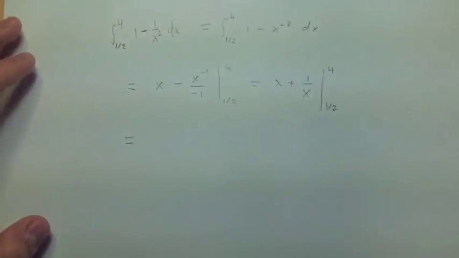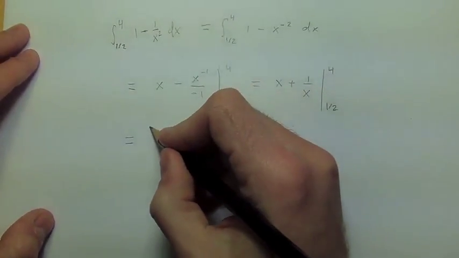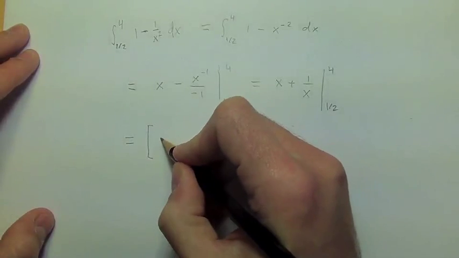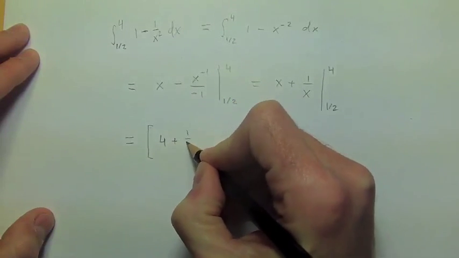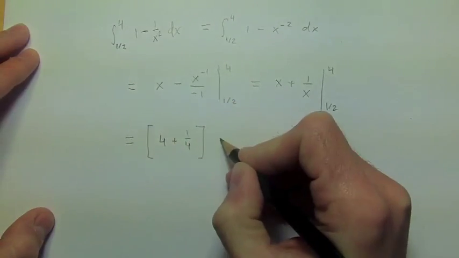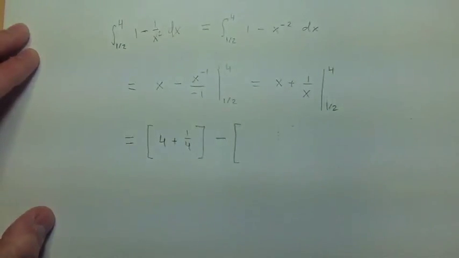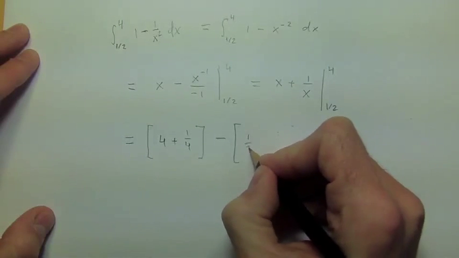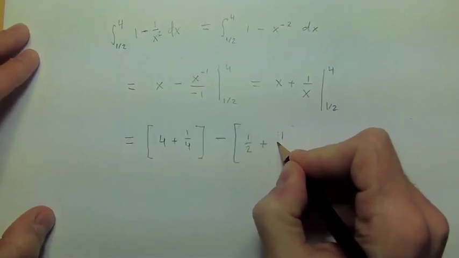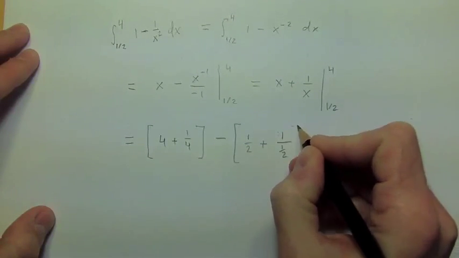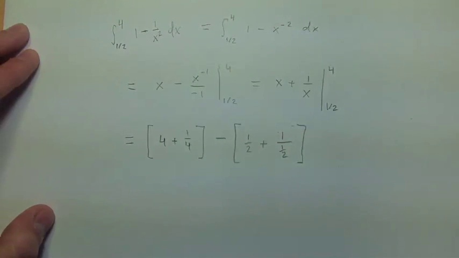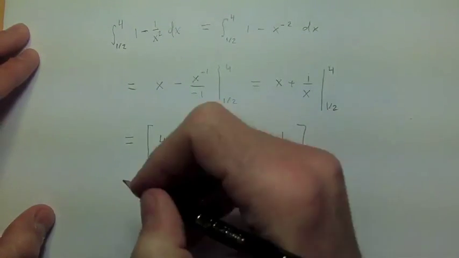All right, so now we're going to plug things in. I'm going to plug in that 4, so it'll be 4 plus 1/4. And then I'm going to subtract, plugging in 1/2. So it's going to be 1/2 plus 1 over 1/2. A lot of you probably would not write this step.